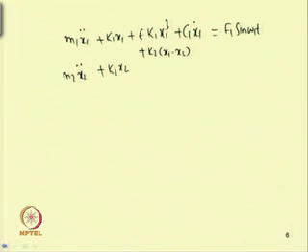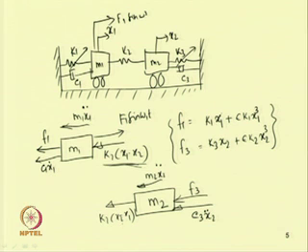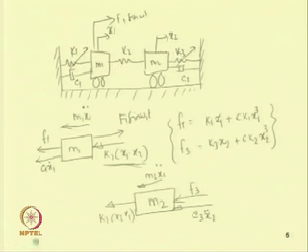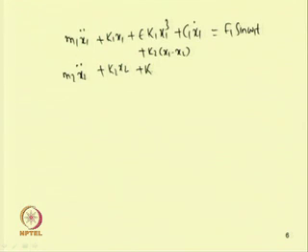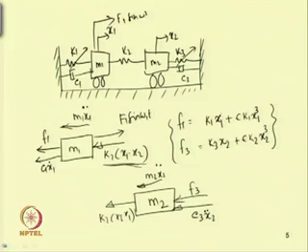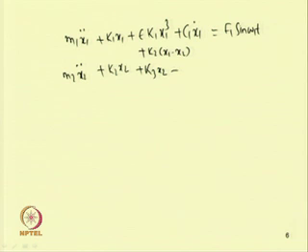Similarly, for the second equation m2 x2 double dot plus k2 x2 minus x1 plus k3 x2 plus epsilon k2 x2 cube.